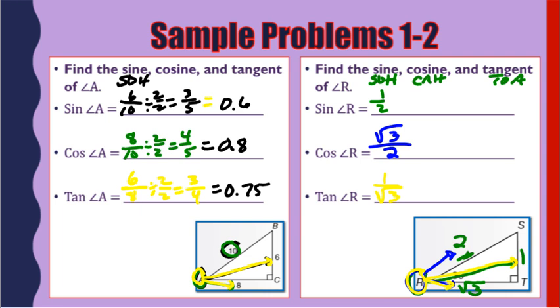Sine of r, it's half, that's 0.5. Then the cosine of r, we'd have to do the square root of 3, then divide that by 2. And we'll go 3 decimal places, so 0.866.